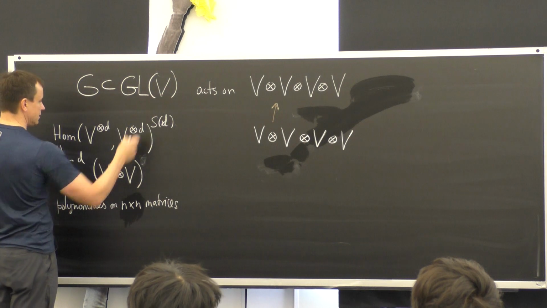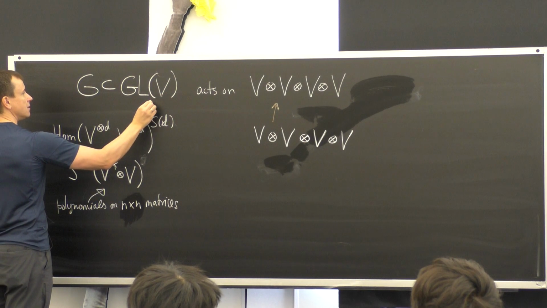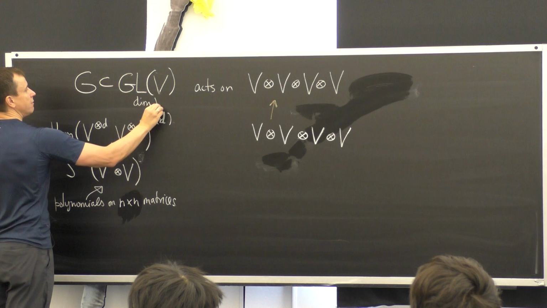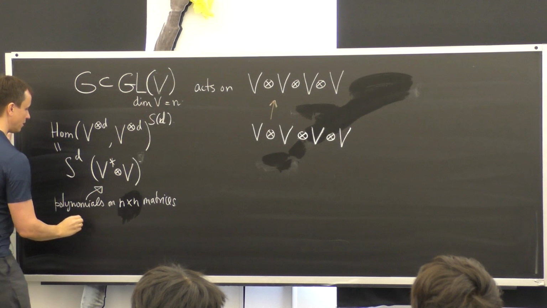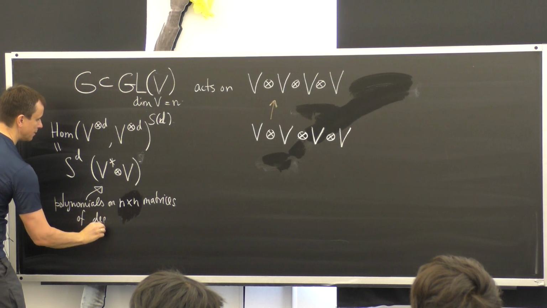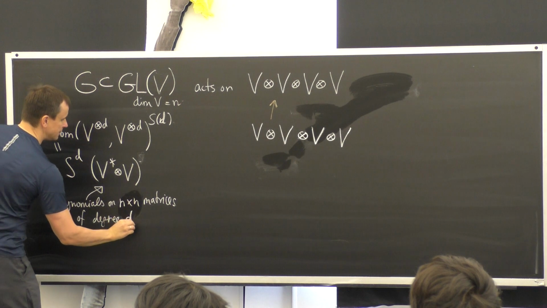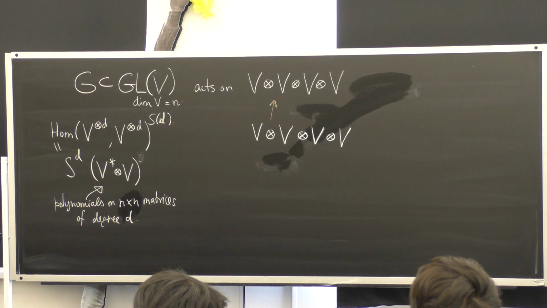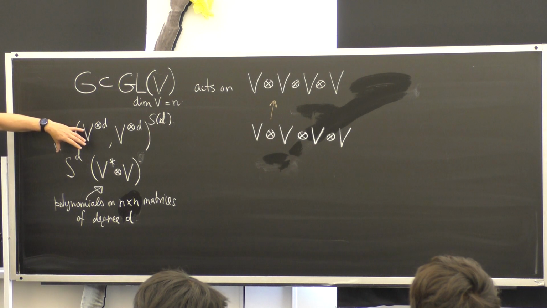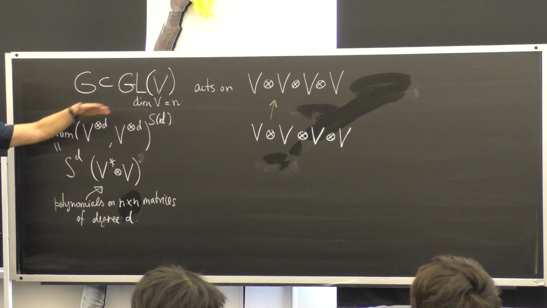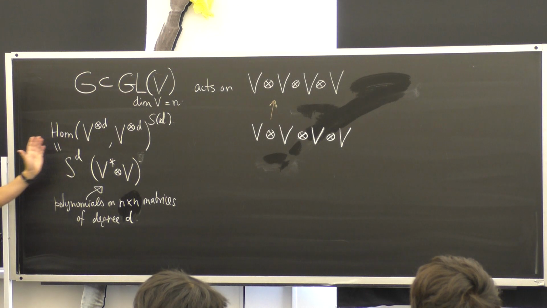Namely, these matrices, where the dimension of V is n, of degree d. Okay. So if I know all these maps, in particular, I know all G-invariant polynomials on matrices.